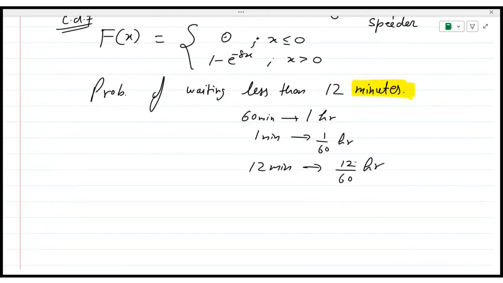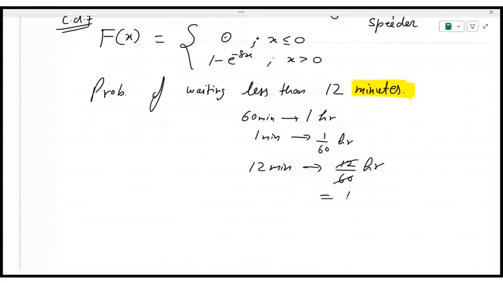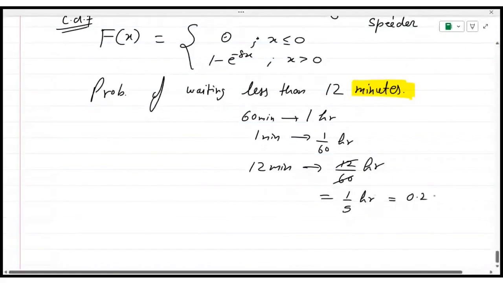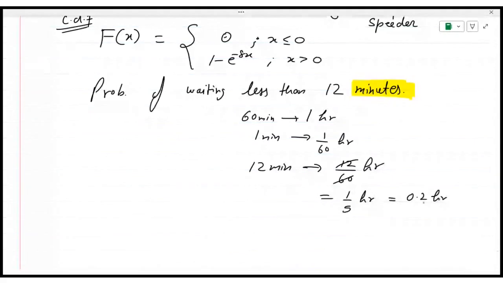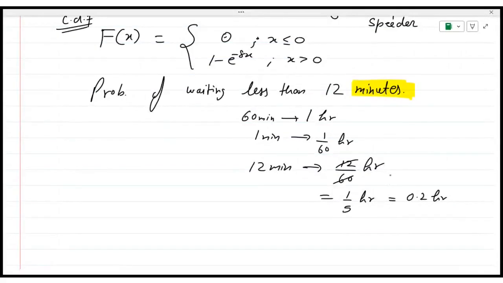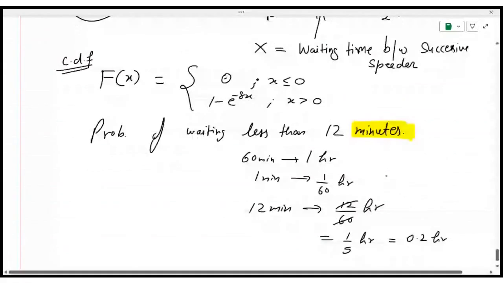If you cancel it out, it is actually 1 by 5 hour, or you can say 0.2 hour. Is this clear? Why are we converting minutes into hours? Because X is in hours actually.